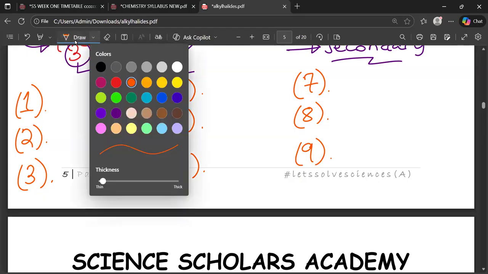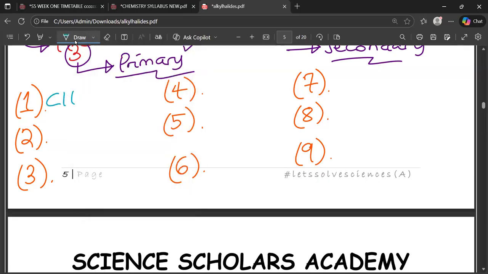I'm drawing, the first structure is CH3, CH2, Cl. The next structure is like this: CH3, Br.